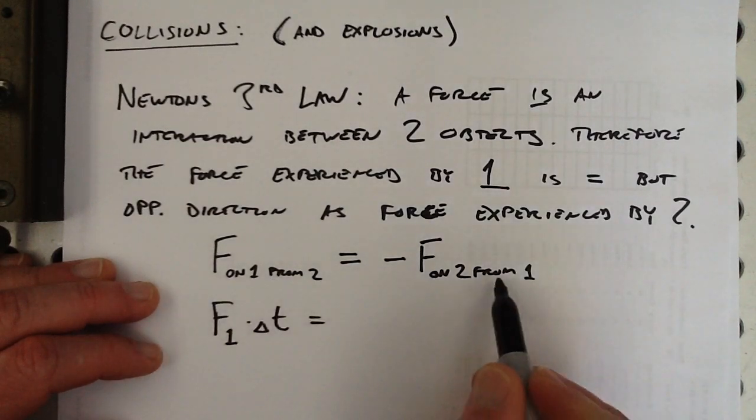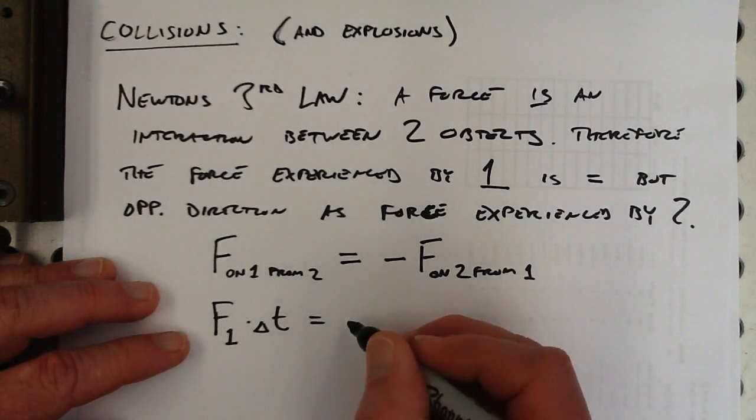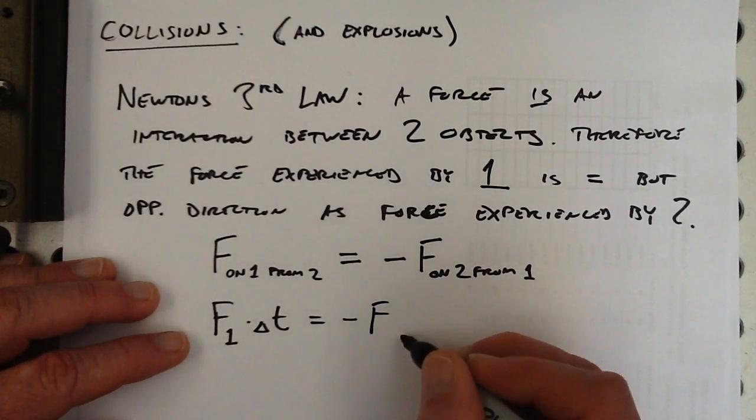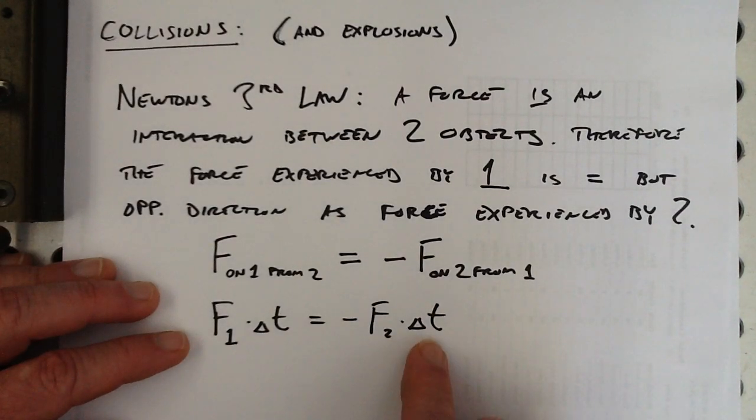I'm dropping the from 2 from 1 part. So this is the force on 1 is equal opposite. That's totally legit move, right? I'm multiplying this equation by the same thing on both sides.